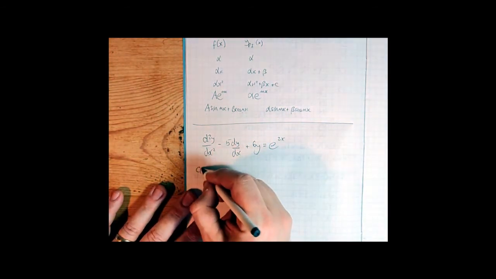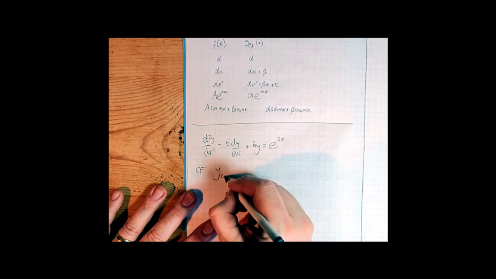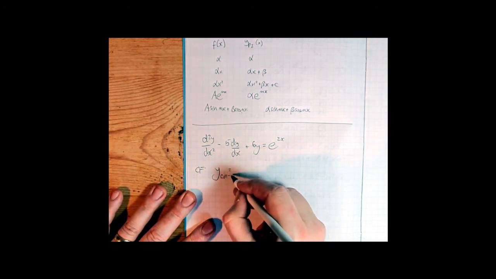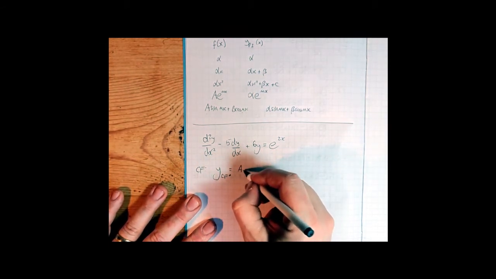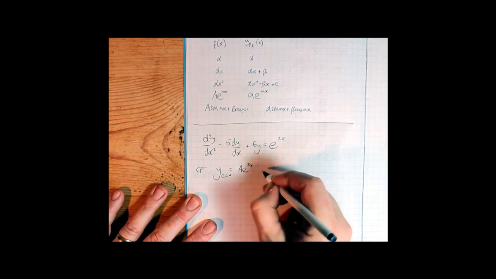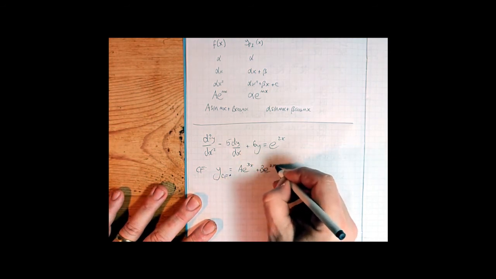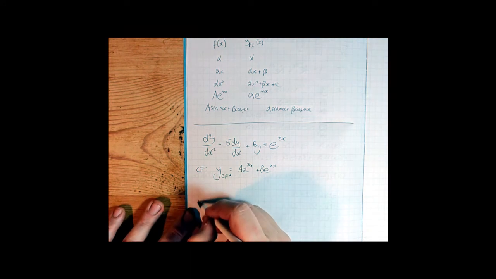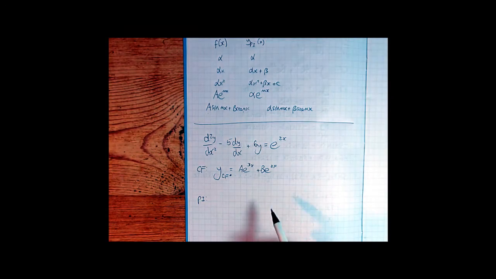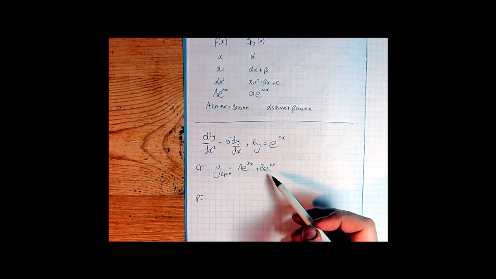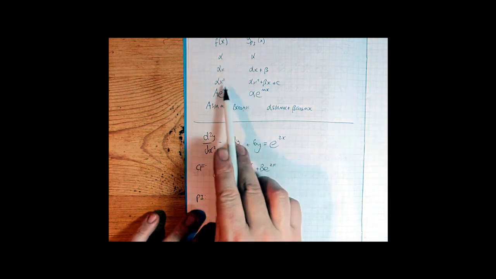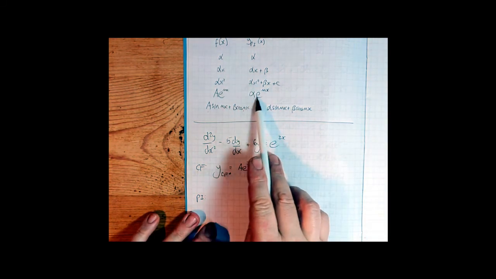Which means the complementary function is the same, a e to the 3x plus b e to the 2x. Now for the particular integral, I can't just try alpha e to the 2x. That's what the table says to do. Try alpha e to the 2x.